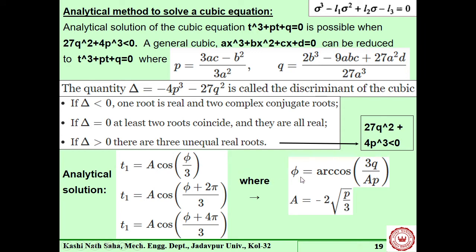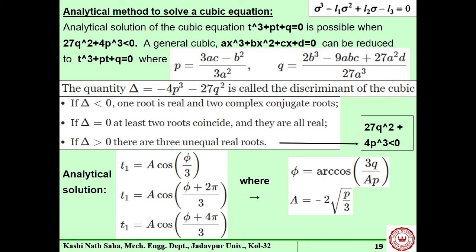So you see this phi is now given in terms of P and Q. This P and Q we know. Similarly, this constant A is also known to us. So this one is the analytical method which we will follow. This is arc cos, means cos inverse. Okay.